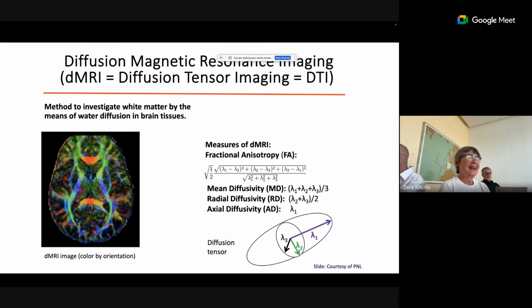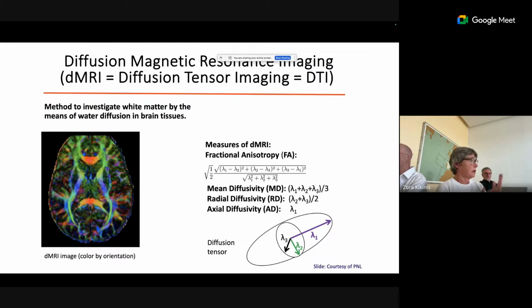And as you all know, the water diffuses differently if it's in a space that is not constricted. So for instance, in the cerebrospinal fluid, the water molecules will diffuse in all directions. We have diffusion in all directions.